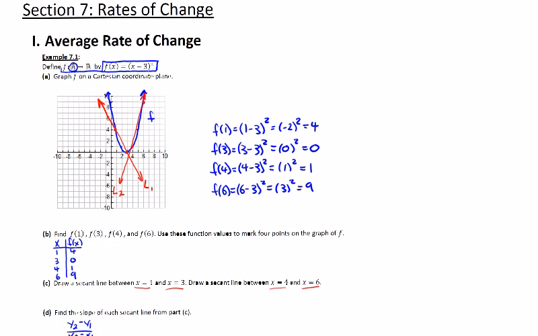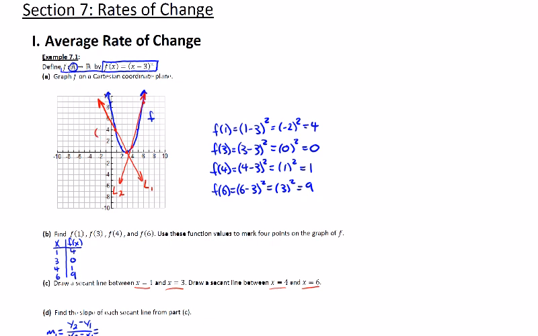I should be able to do that for the first line. We'll call it M1, the slope of the first line. We need to identify the first point and the second point.